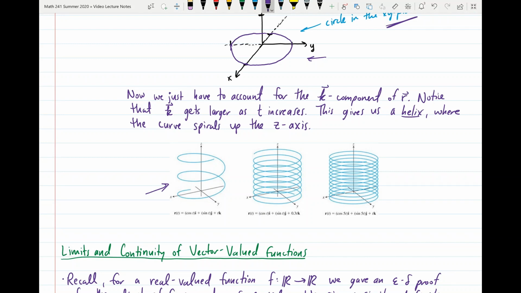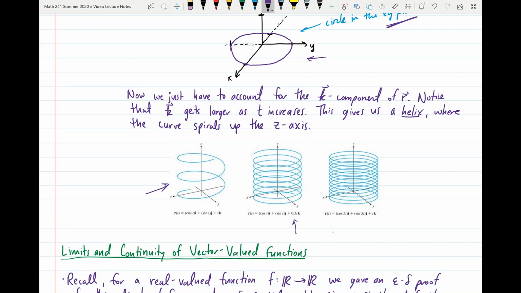And then these other pictures denote what happens when we change certain elements of our function. So in the second picture, notice that t in the third component, or in the k component, is multiplied by the scalar 0.3, which is going to condense everything, because for every revolution around the z-axis, the step that we're going up in the z-axis is going to be smaller because we're multiplying t by 0.3.